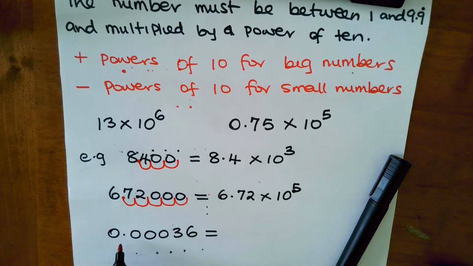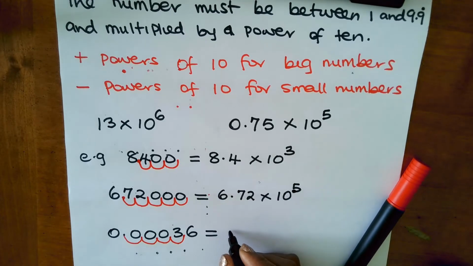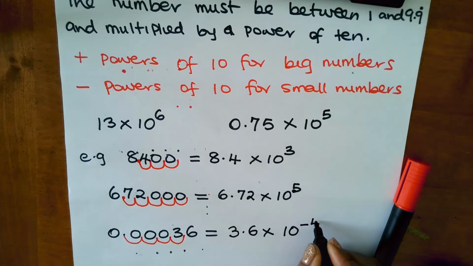For the negative powers of 10 for smaller numbers, I'm going to move this decimal towards the right until I get between 1 and 9.9. So 1, 2, 3, and 4. So my answer to this question is going to be 3.6 multiplied by 10 all raised to the power minus 4.